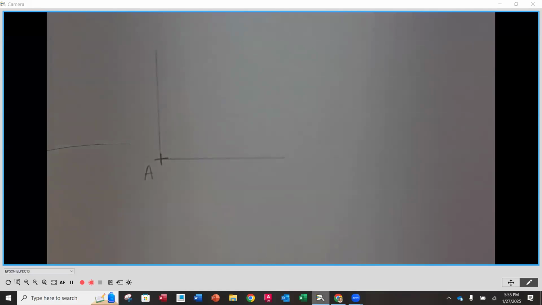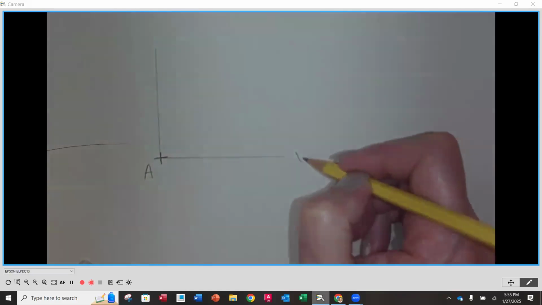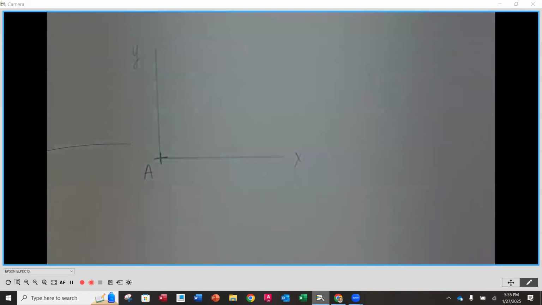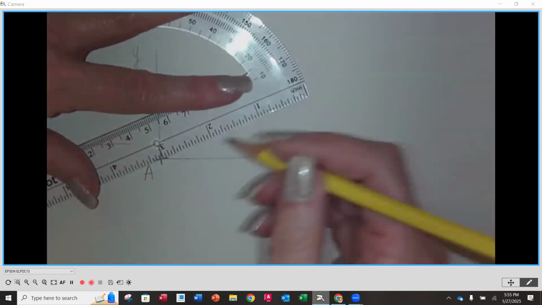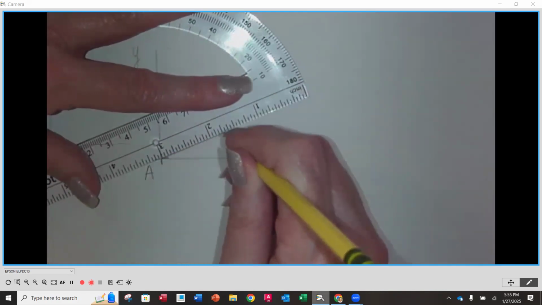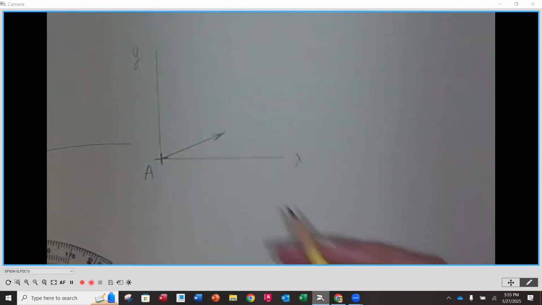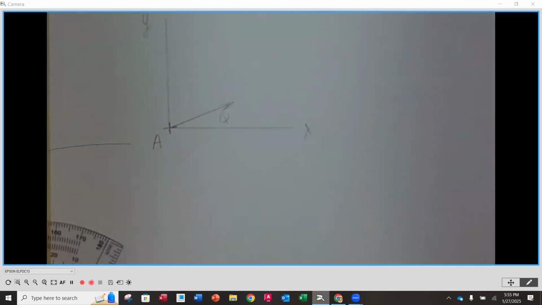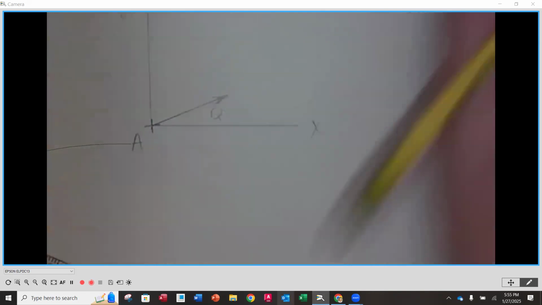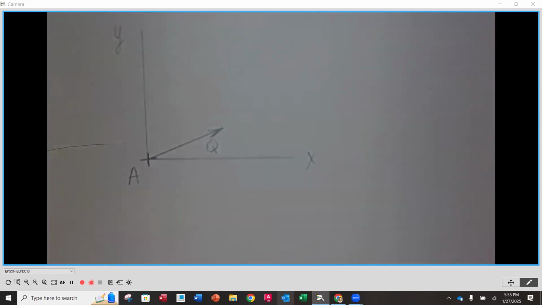Okay. Now, I'm starting with an axis system, so kind of my standard XY axis. Okay. And then I'm going to just draw from that origin. We're going to draw our vector Q. Now, you'll notice here that for this vector, as I said, we've got a line with an arrowhead on it.